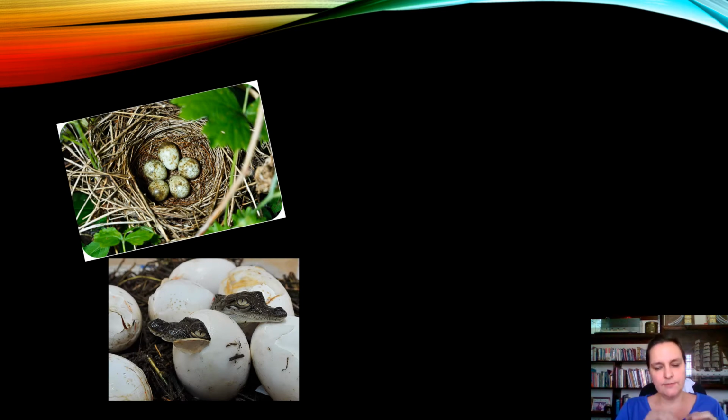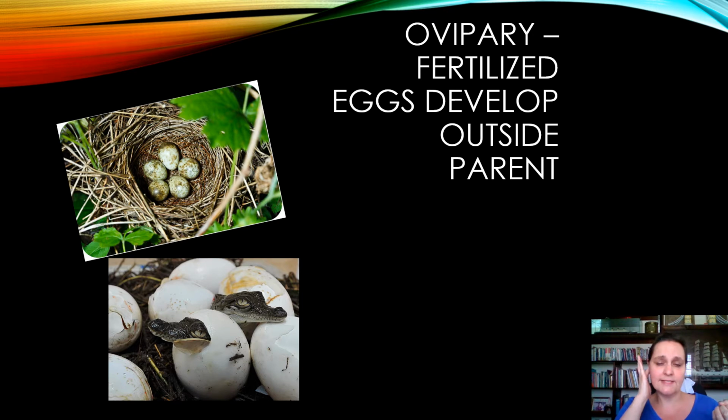So the first of these 3 concepts is known as ovipary. Now ovipary is where the fertilized egg develops outside of the parent. So let's think of a bird, because that's just the easiest one to think about. After internal fertilization has taken place, the female bird will lay her egg and the embryo will develop outside of the mother's body.